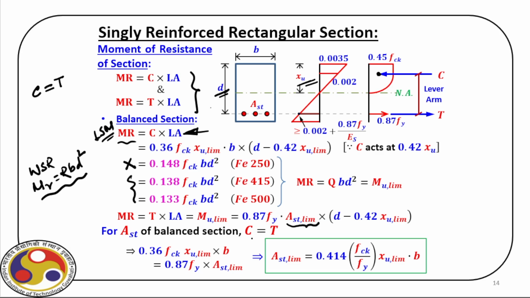That we can figure out just by balancing C and T, and we get the expression of Ast limit, that is the amount of steel required for balanced section, which is 0.414 fck by fy times xu limit times b. So for a given section, the moment we select the concrete and steel, we can easily find out xu limit for balanced section, and then we can find out the amount of steel for that balanced section.